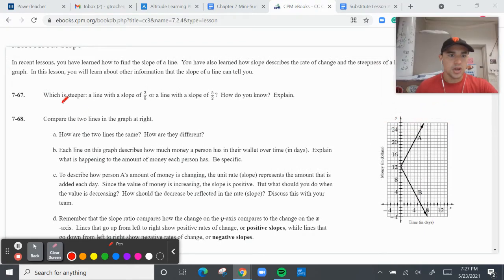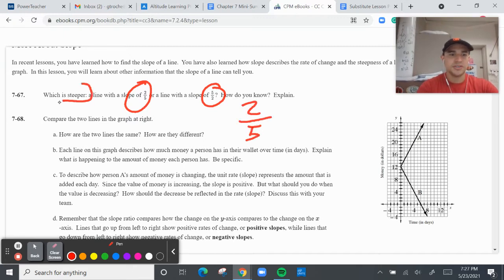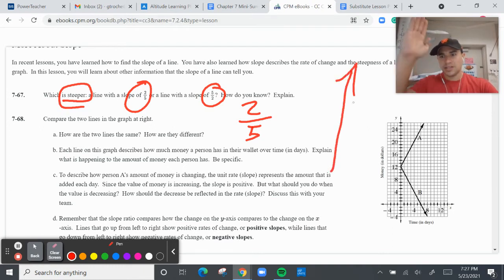First off, which is steeper, a line with a slope of 2/5 or a line with a slope of 5/2? How do you know? Explain. The first thing is you want to look at this 2/5 in terms of steepness, and we talked about this in class, but steepness is how vertically the change goes over 1 unit of horizontal change.